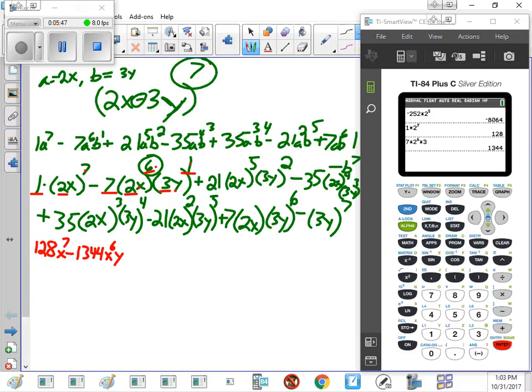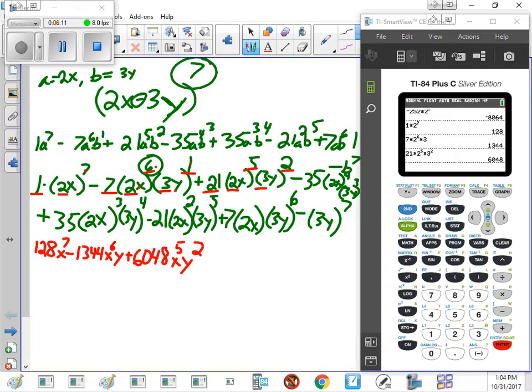For the next one, 21 times 2 to the 5th times 3 squared. So plus 6048. And then what? X to the 5th, y squared.